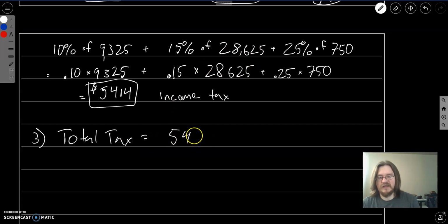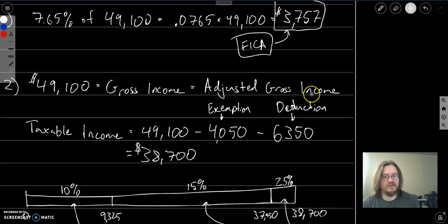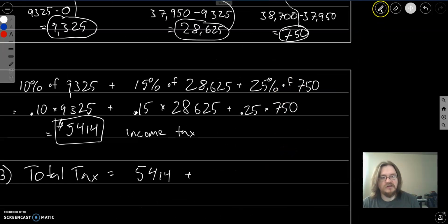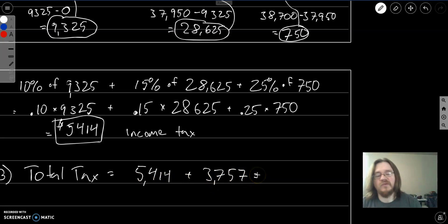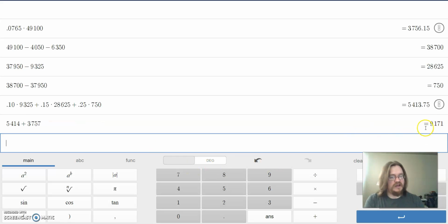So we'll take their income tax plus their FICA tax, which is going to be 3,757. And we can add these together to find their total tax. So 5,414 plus 3,757 gives 9,171.